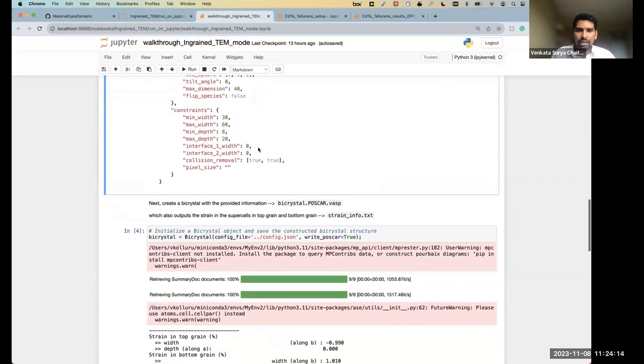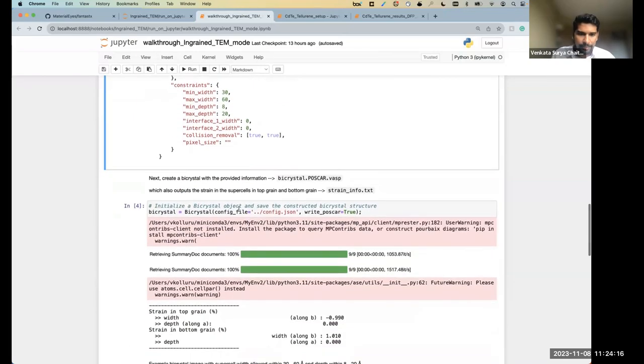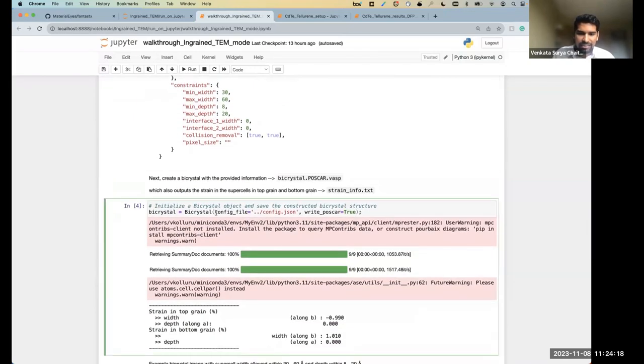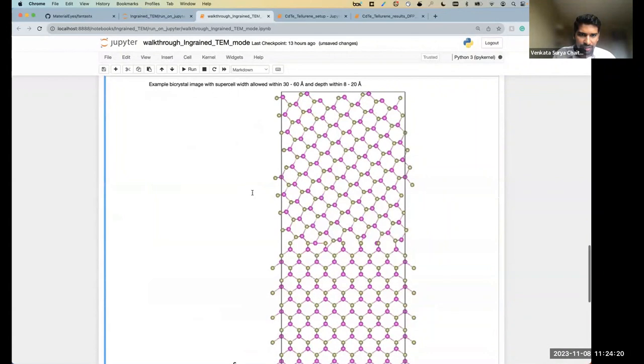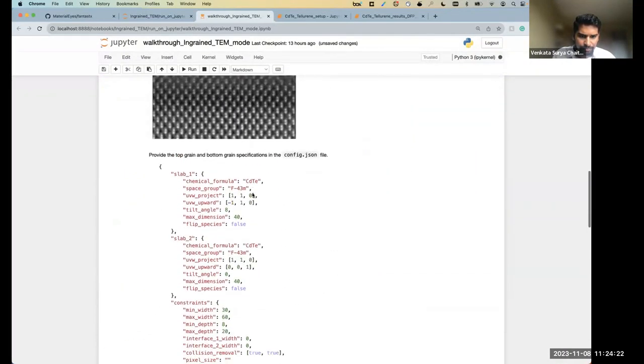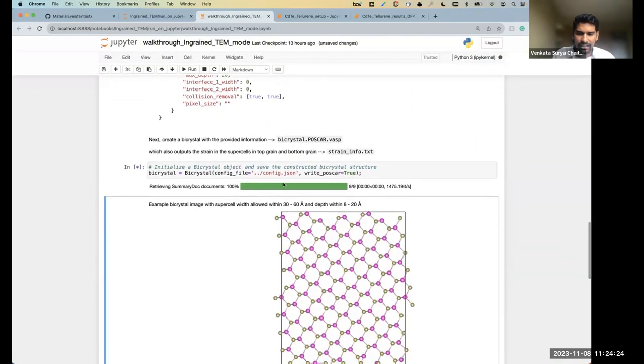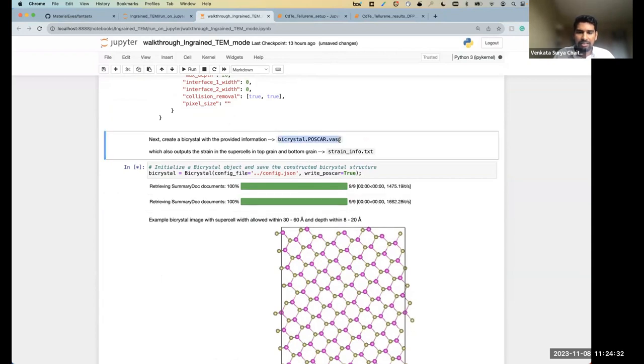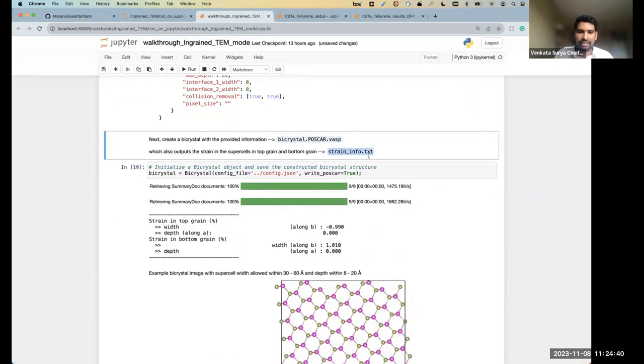Once we have the config.json file, we'll create the bicrystal here. It's pulling the respective grains from the Materials Project database, and it will return the bicrystal structure in POSCAR format, and also the strain info along the width and depth.